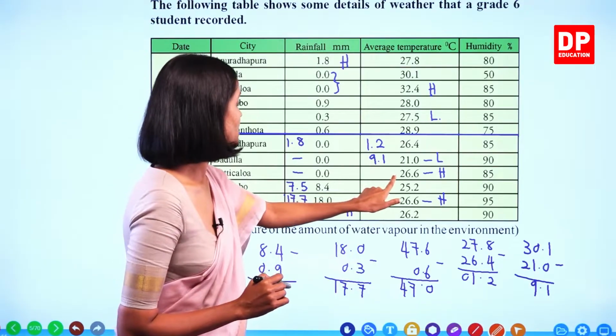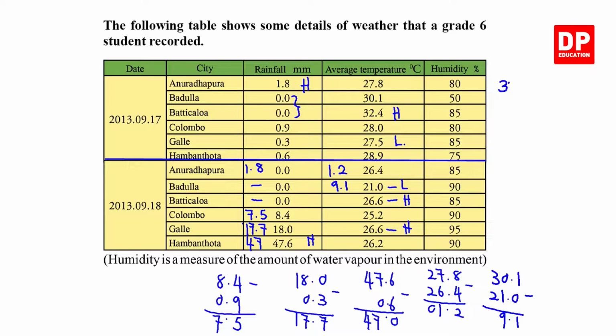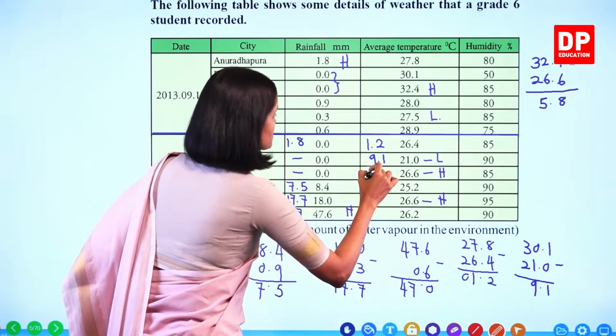Here Batticaloa 26.6. 32.4 minus 26.6. Right. 14 minus 6, 8. 5.8.